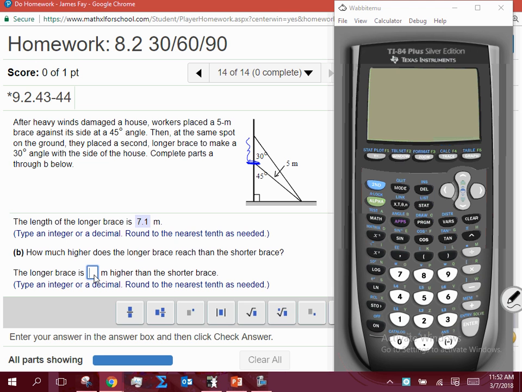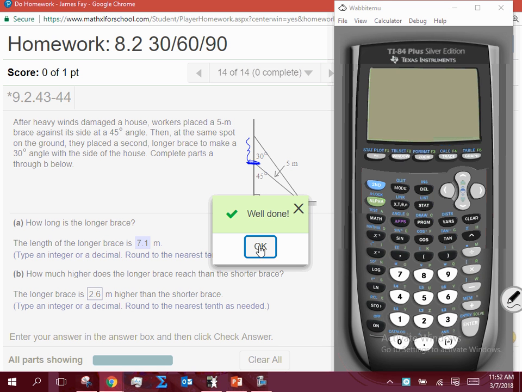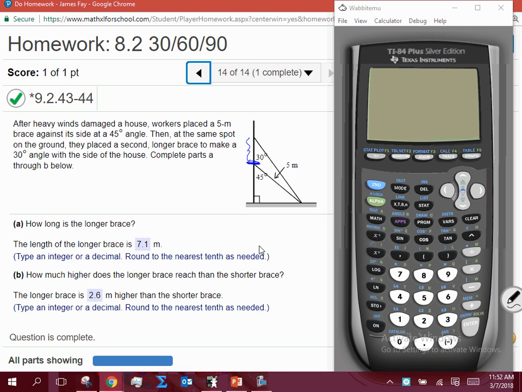So it reaches 2.6 meters higher than the 5-foot bridge. Now, I typed all those things in at the same time on my calculator. If you find out what 5 radical 6 divided by 2 is, store that number, write it down, and then do the same thing with 5 radical 2 over 2, store that number, write it down, and then subtract those decimals, that's fine.